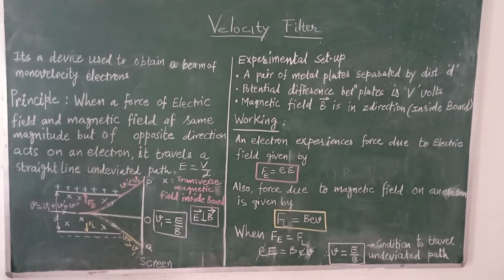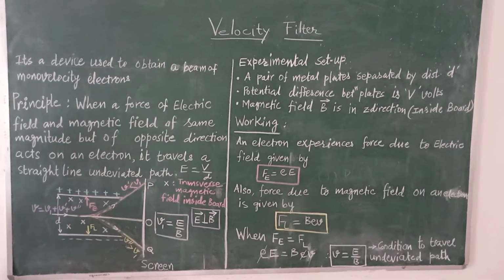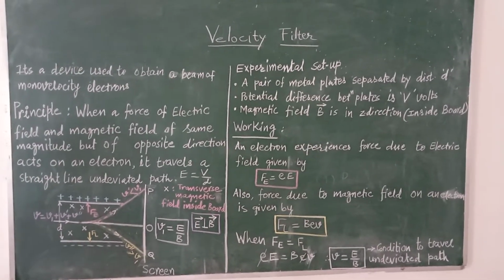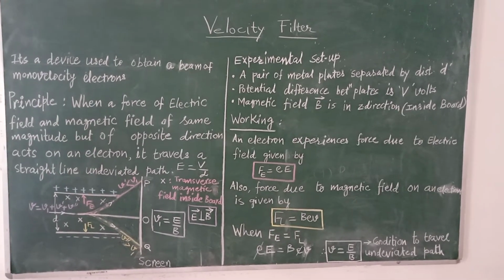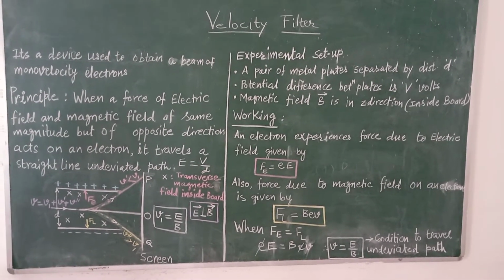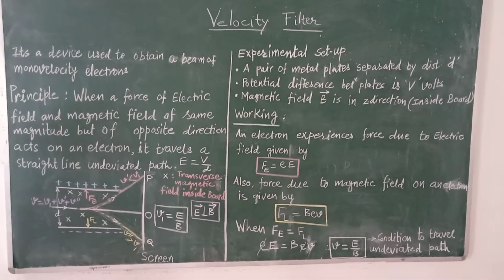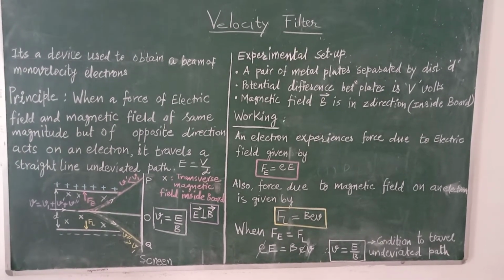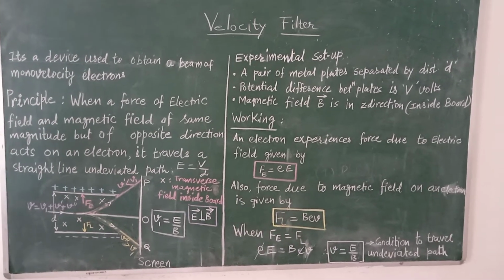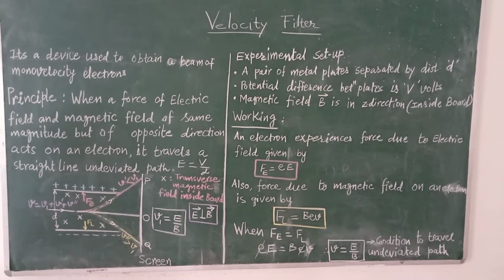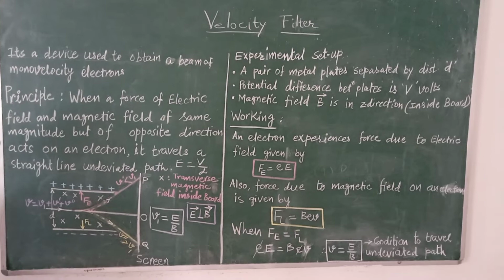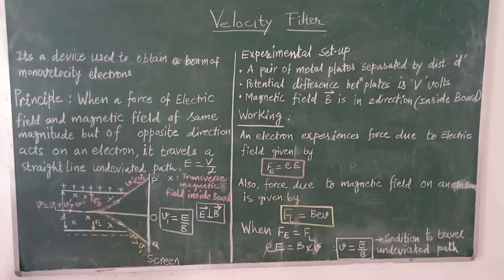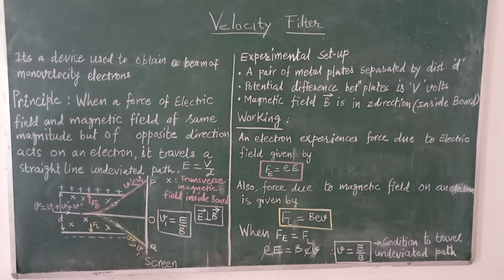The force acting due to the electric field is given by the equation Fe is equal to eE. Similarly, the force acting on the electron due to the magnetic field is given by FL is equal to BeV. When their magnitudes are the same, we can write Fe is equal to FL.